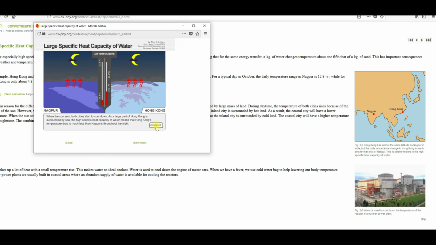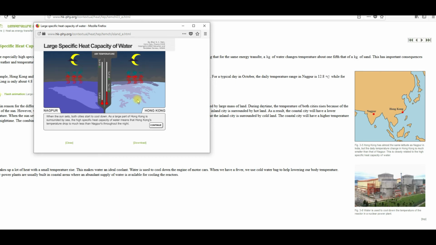When the sun sets, they both start to cool down, but Hong Kong's temperature doesn't decrease as much as Nagpur. Hong Kong is surrounded by water, and the water has a high specific heat, so it warms up more slowly and it cools down more slowly.